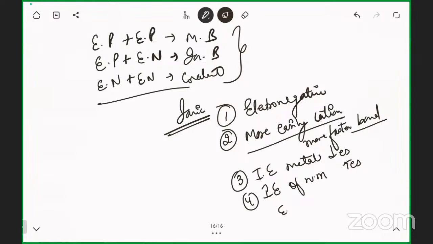Okay, first let me clear this thing also. Just because they are the basics, I'm going through all of this slowly. The metal was donating an electron, so it was becoming electropositive. So the faster this metal forms the cation, the faster the bond formation takes place.